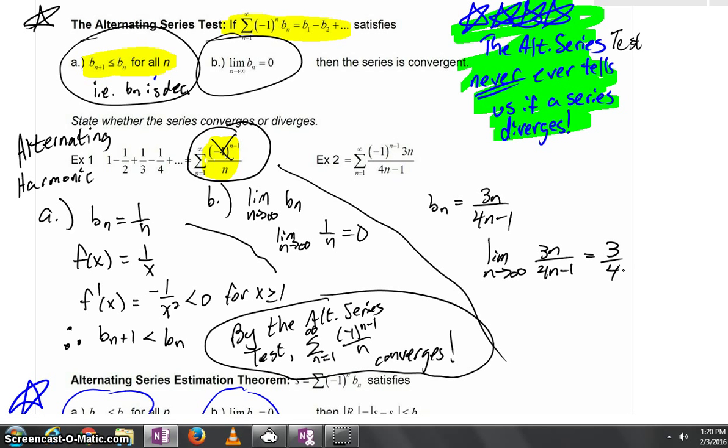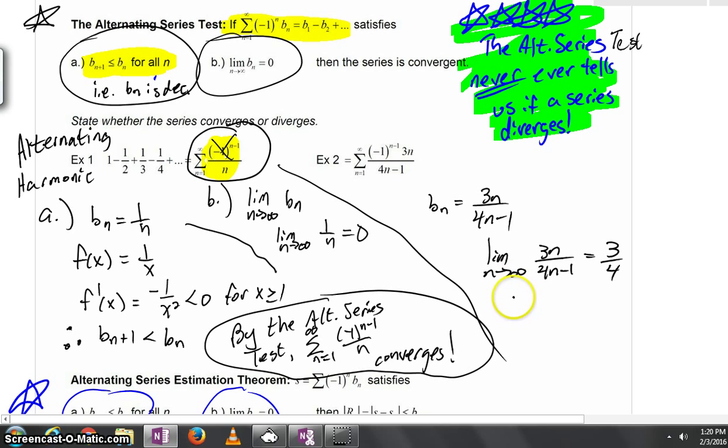To be able to do that, I have to show two things. First, that your b sub n is decreasing, that b sub n plus 1 is smaller than b sub n. But second, just as important, this limit has to go to 0. So I can't use the alternating series test. Here's what I can do.